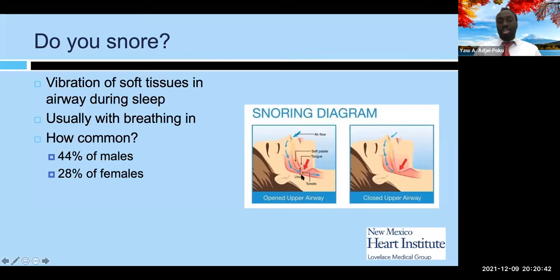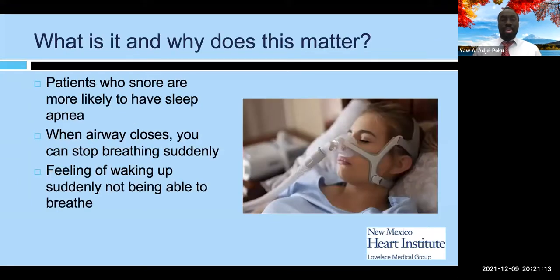So in this image, when your airway is open, air is able to flow freely, but when your airway closes off or narrows, that's when you're able to hear someone snore because the air doesn't pass freely and vibrates the soft tissue as it's going through. How common is snoring? About 44% of males and 28% of females may snore at night. So why does it matter?